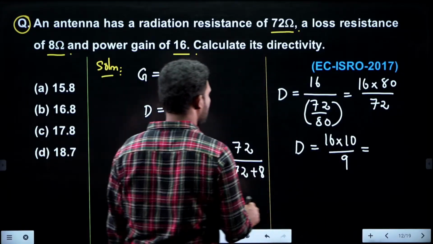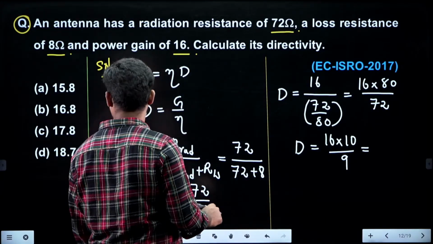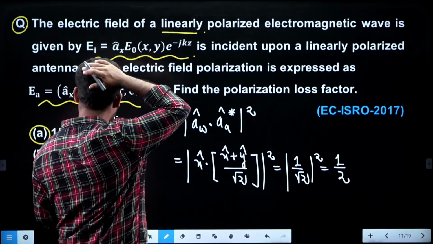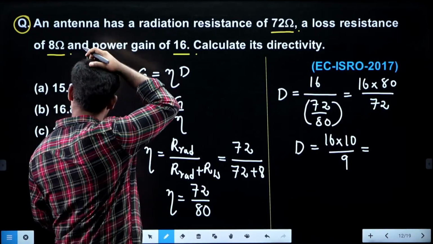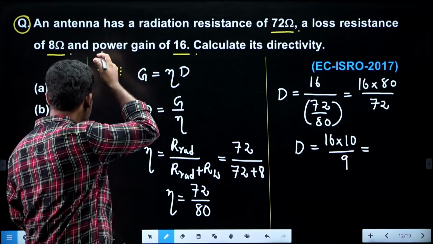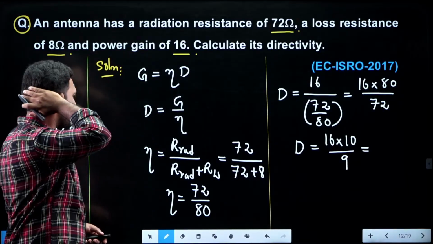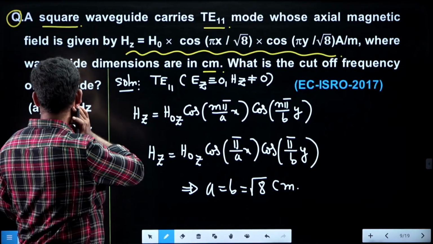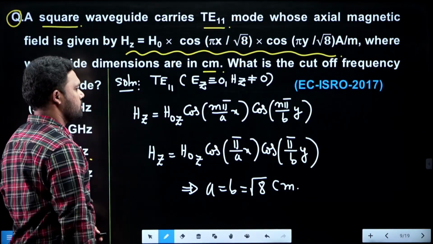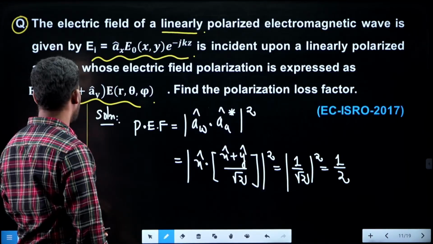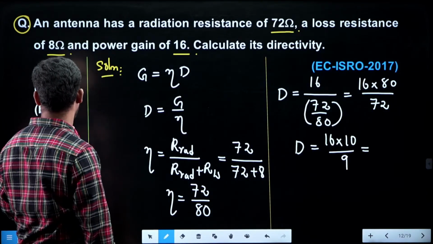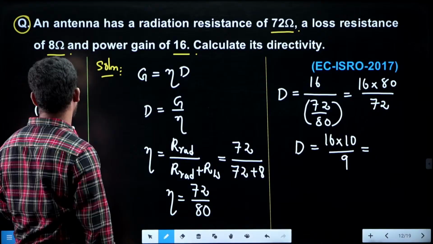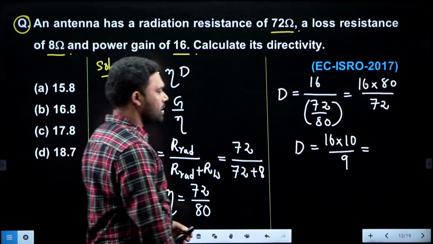How much is this, guys? 16.8 or 17.8. What is the answer?